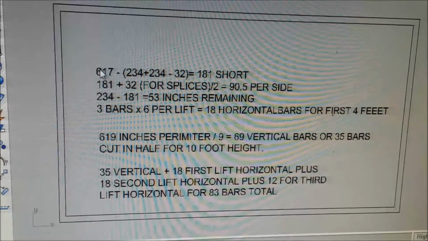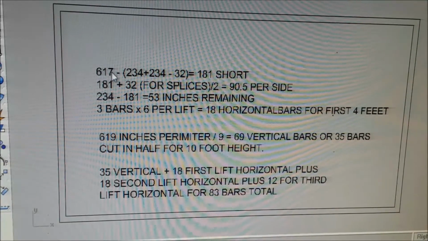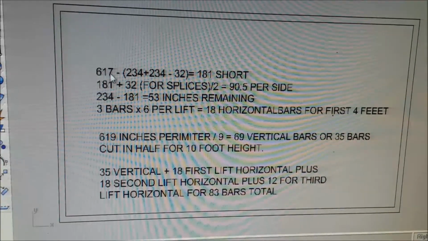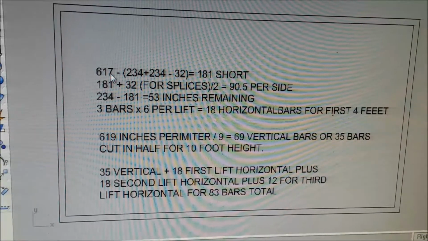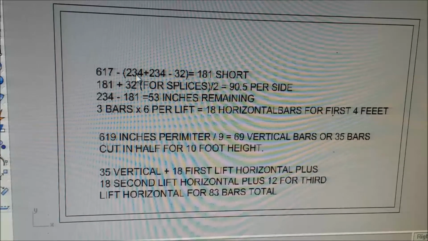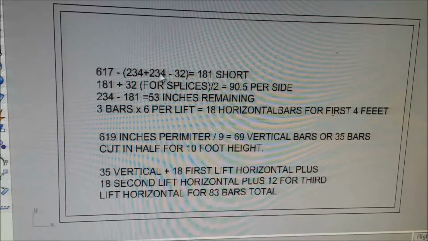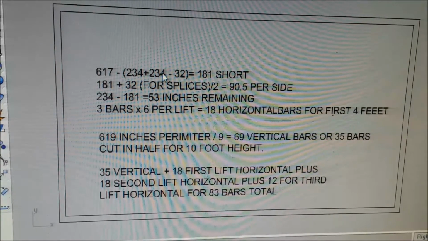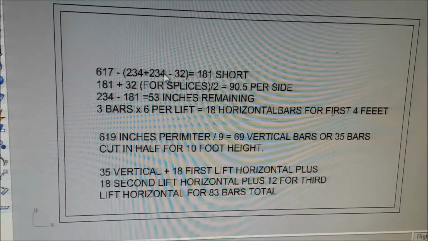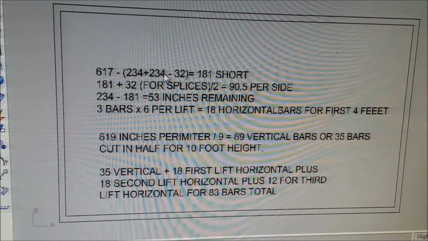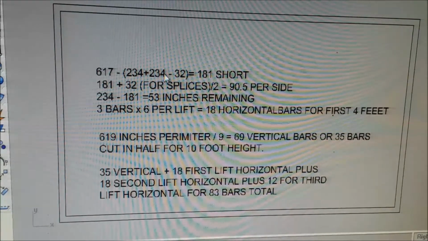So we're going to find out how many rebars we're going to use. We need to cover this length, and we're going to subtract off one rebar, another rebar off of that. But we don't get the full amount of the rebar length because we have to splice them together.